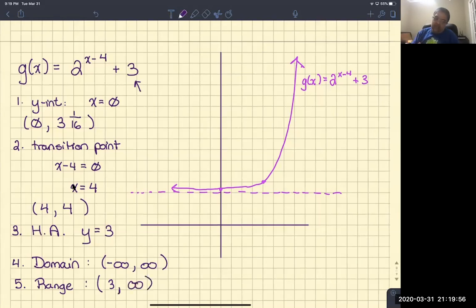Now, the reason I'm using parentheses around 3 is because, remember, this is an asymptote. The graph will get really close to the asymptote, but it will never touch it or ever cross it. So to indicate something that can get really close but not be at that number, we have to use parentheses.